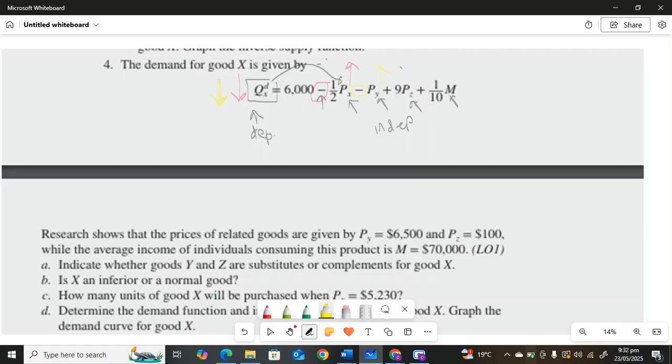Then for PZ, it's a positive relationship.